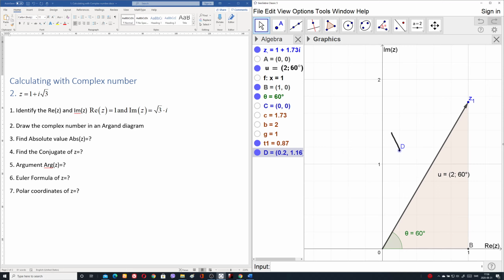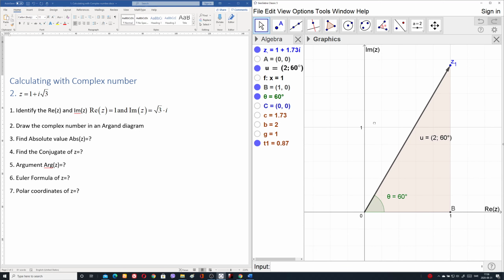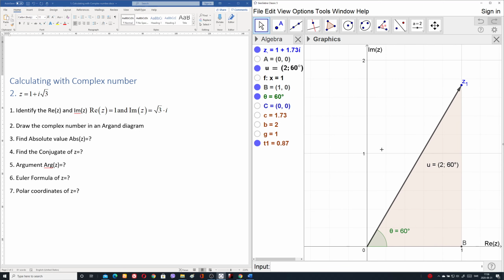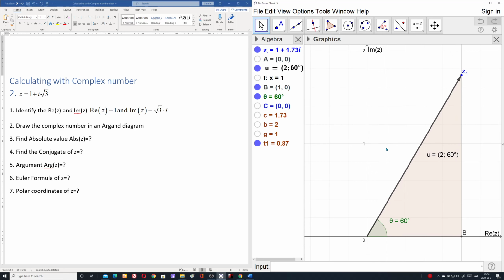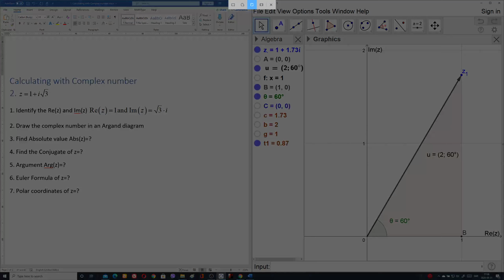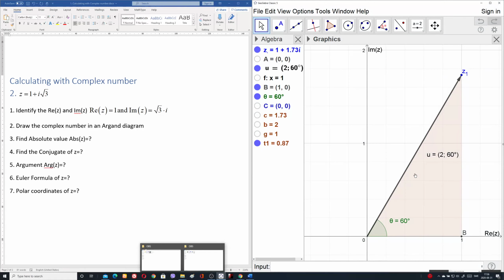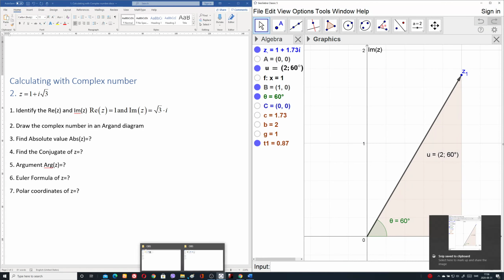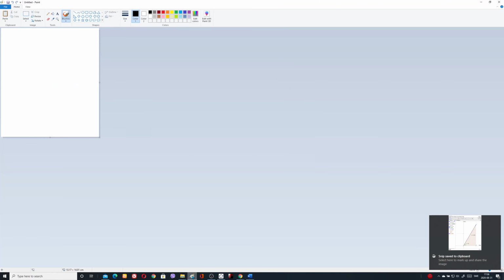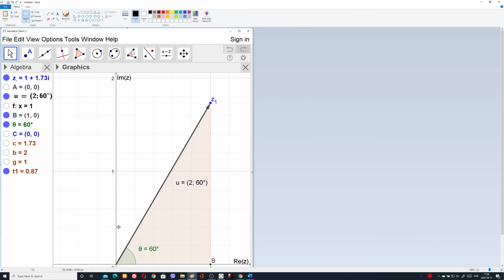Again the same. So now I'd like to copy this one here. I hit the print screen and I will mark these windows and I will go to the paint, Control V.